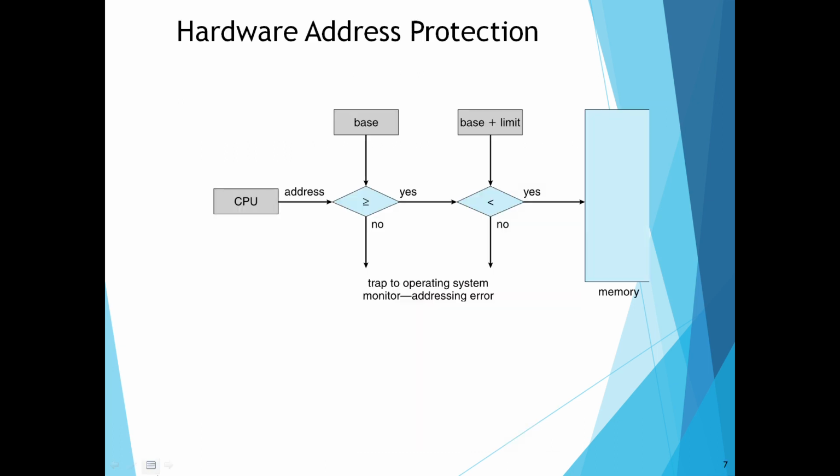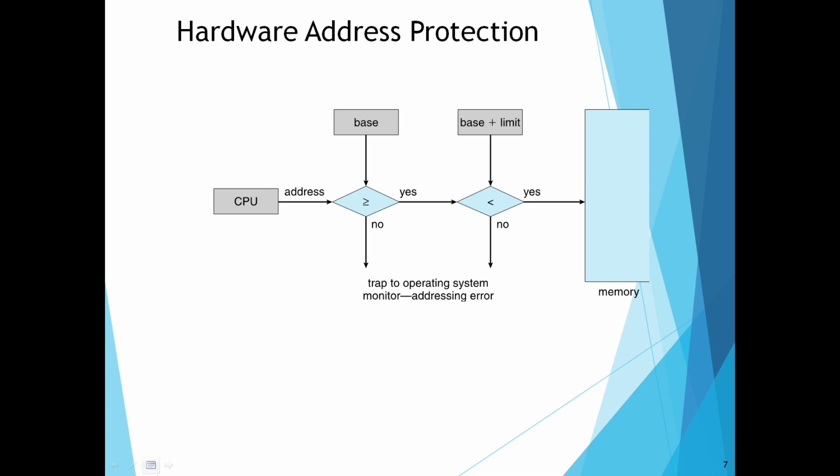Here is how we provide hardware address protection. Once the CPU generates an address, that address is a logical address. First the CPU will verify whether it is greater than or equal to the base register. If it is less than the base register, it will trap to the operating system monitor, addressing the error. That is an error.